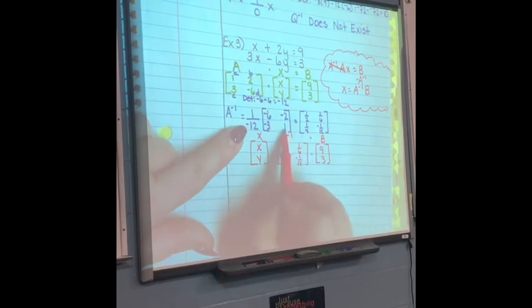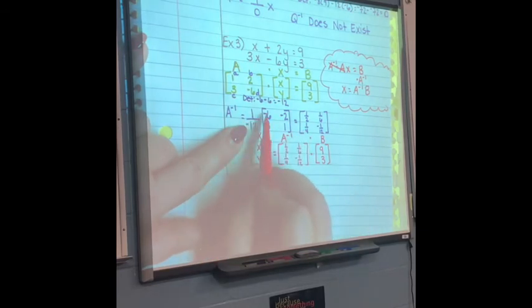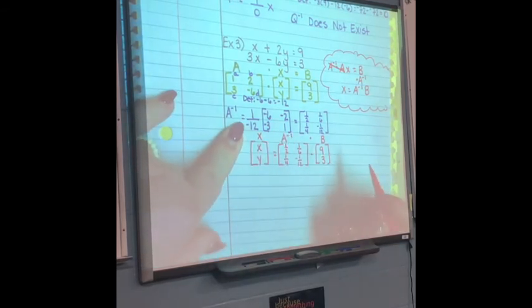Negative times a positive is a negative, right? You see it? So the other 3 were negatives, so they all became positives, because negative times negative becomes positive. But that last one wasn't a negative, so it had to be negative.